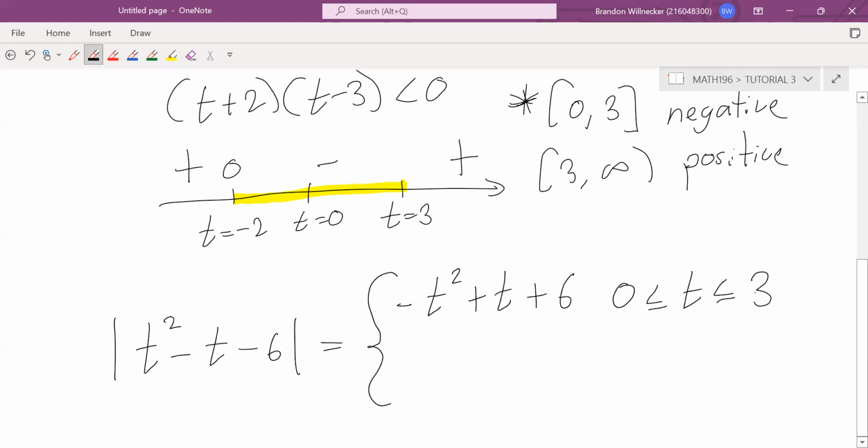We had to put the minus sign because it was originally negative. We multiplied by -1 and now it becomes positive. But after 3, it was already positive, so we don't have to do anything. So it's t squared minus t minus 6 as we had it for t greater than or equal to 3.